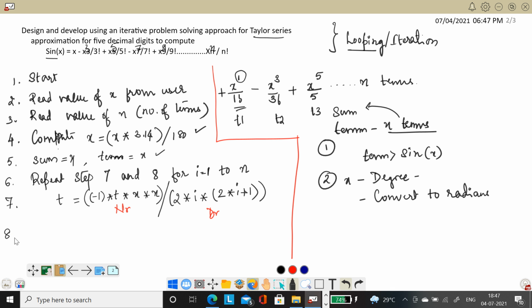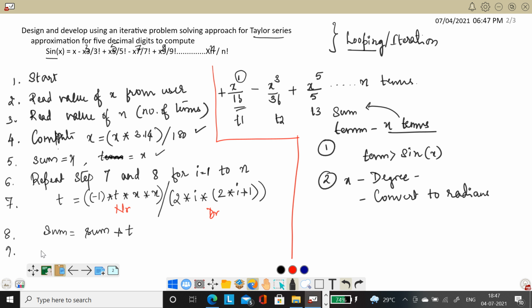Step number 8, as I told you, the cumulative sum: sum is equal to sum plus term. I'll just write it as t here. Don't get confused, this is the same t which I am using here.